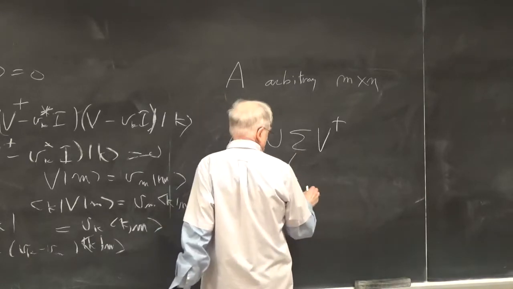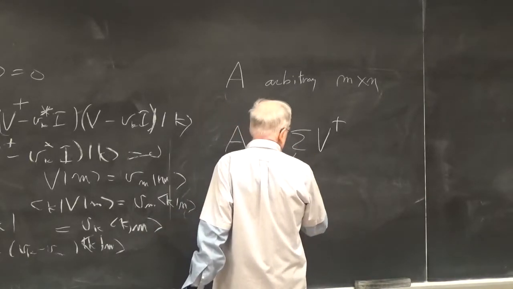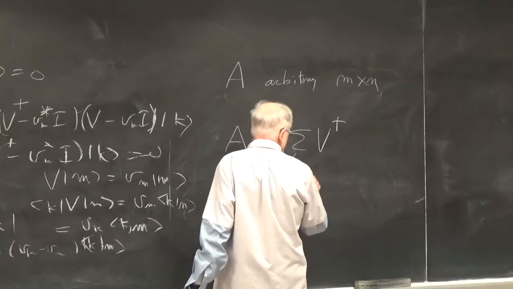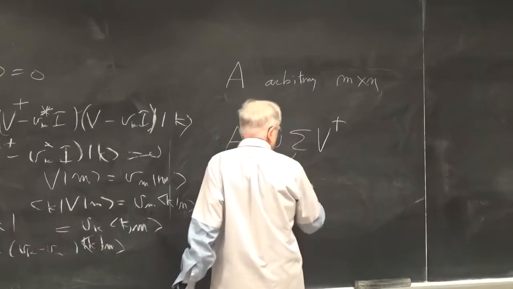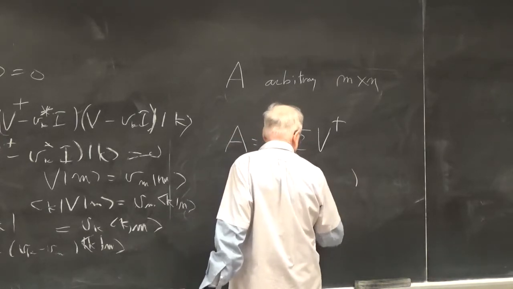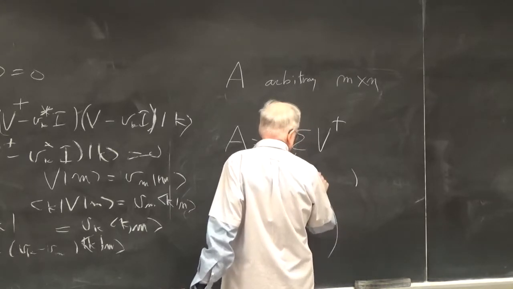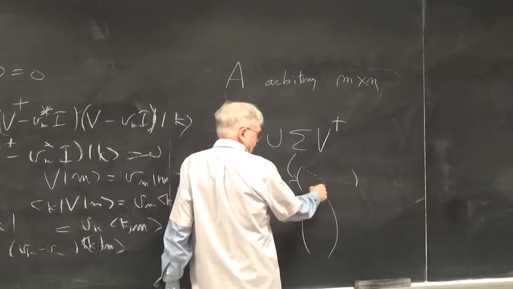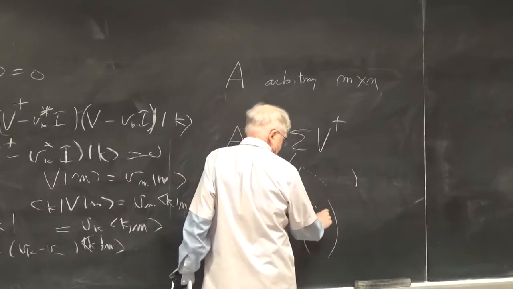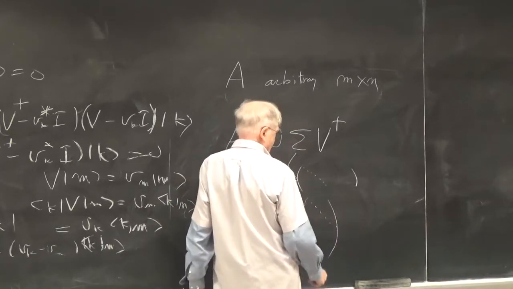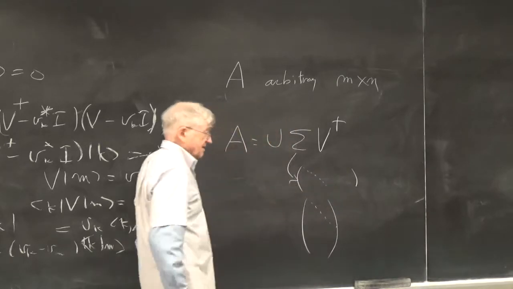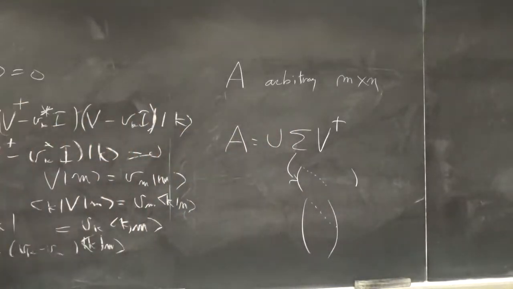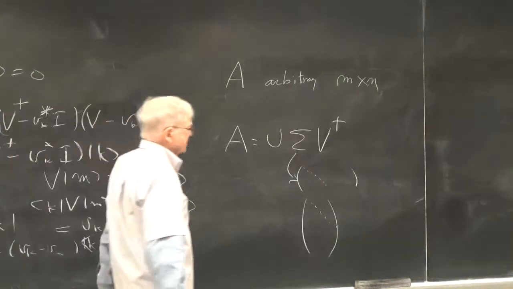This matrix has values on the main diagonal, and it may look like that, or it may look like this, but those eigenvalues are non-negative, and all the other matrix elements will be 0. These things are called the singular values.